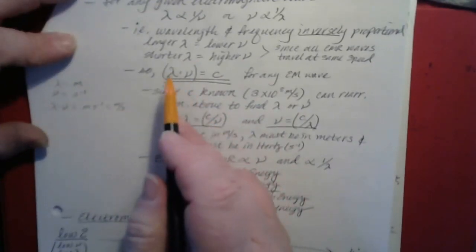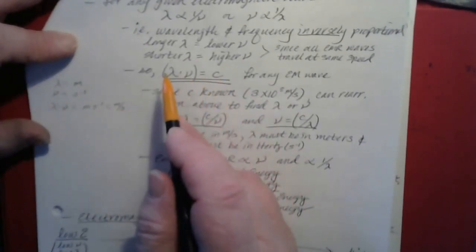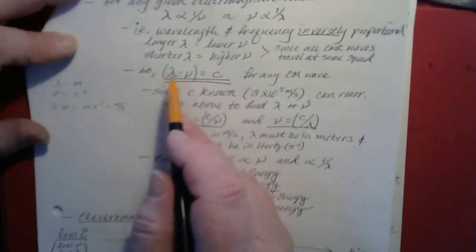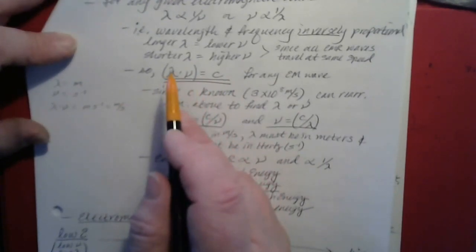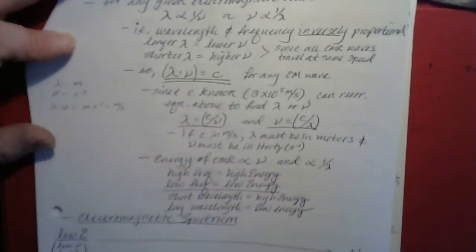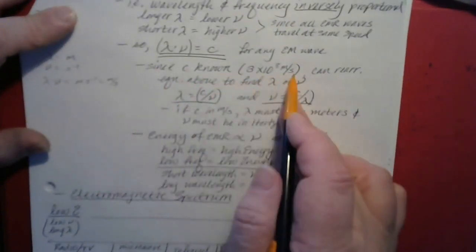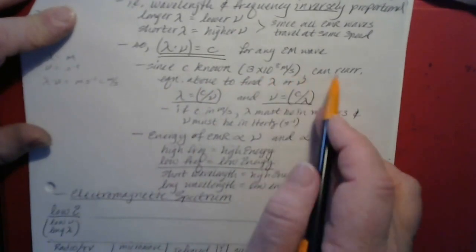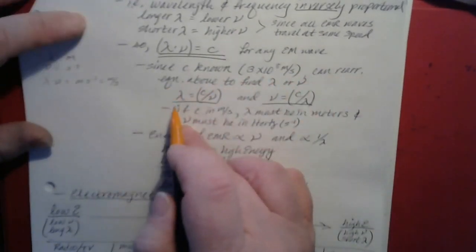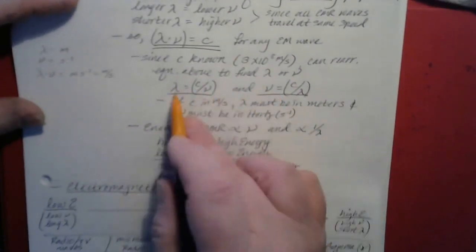So actually, you get meters per second as the unit, and the numbers for any corresponding wavelength and frequency will give you 3 times 10 to the 8th. And since we already know what the speed of light is, 3 times 10 to the 8th, we often use this equation rearranged in order to solve for wavelength or frequency.